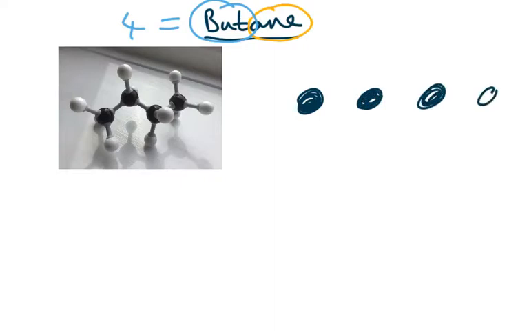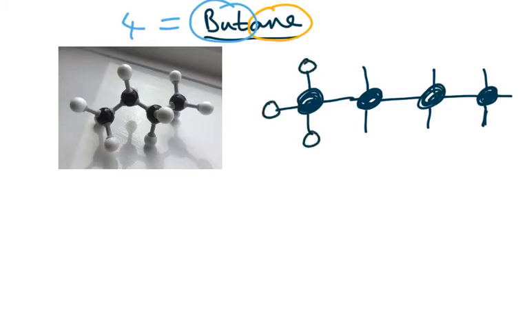I can squash this down and hope that I don't run out of space, and I can join all of my carbons up, and around them I'm going to attach my hydrogens.